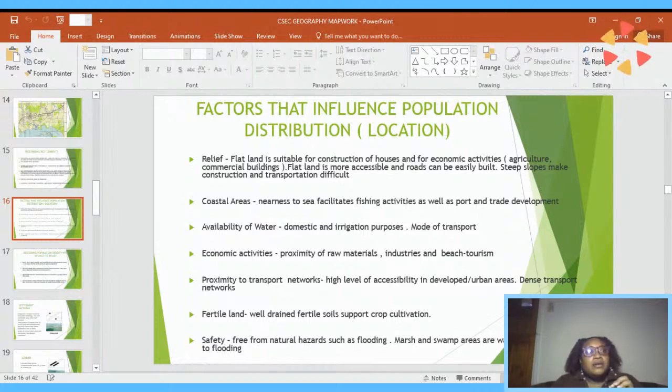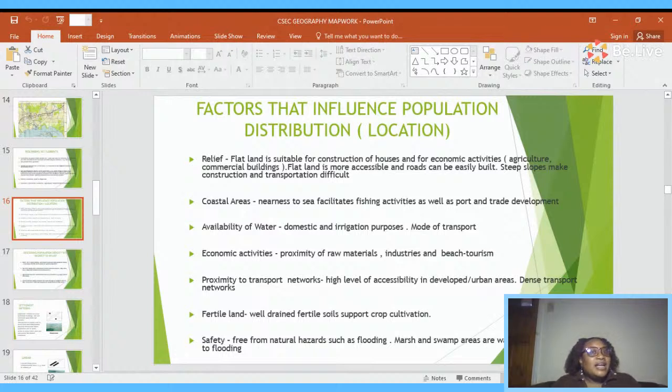right? Coastal areas are also attractive for people, right? People tend to locate nearer to the coast, especially on islands. Most of our Caribbean islands are located on the coastline, right? Because we're an island and we're all surrounded by water. If you notice, most Caribbean countries, with the exception of Trinidad, have their airport inland, meaning not on the coast.